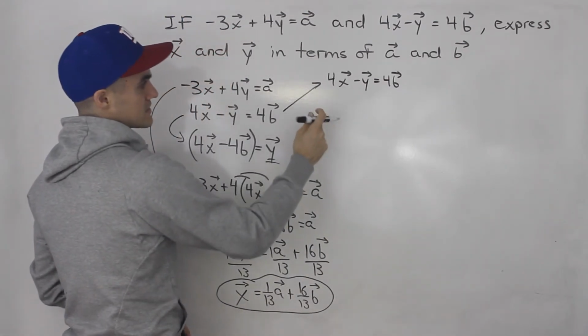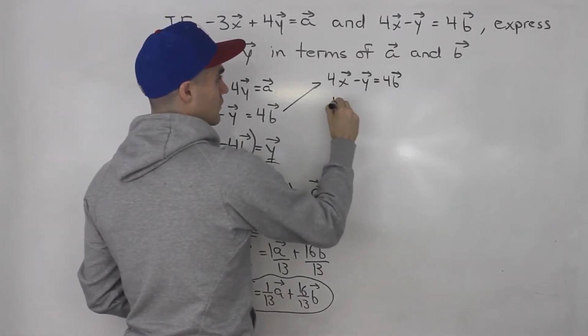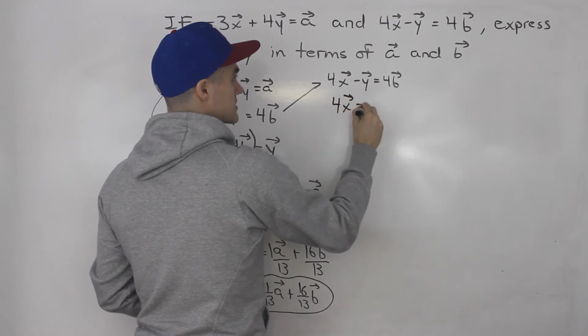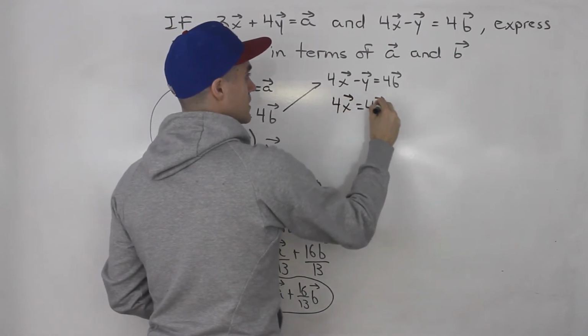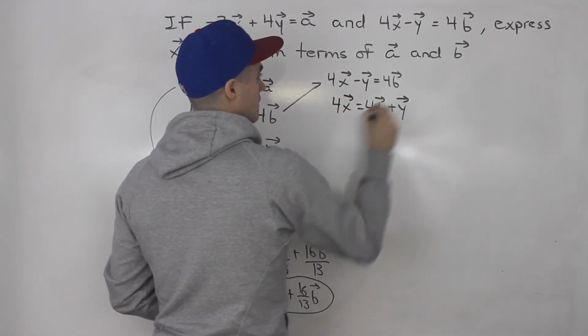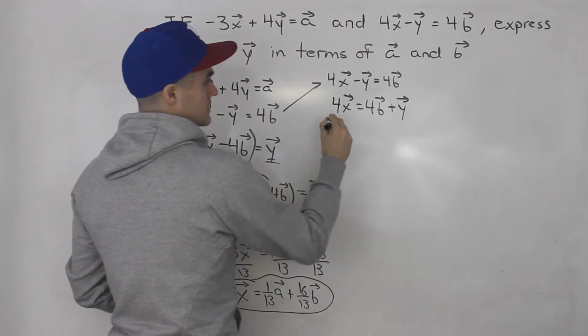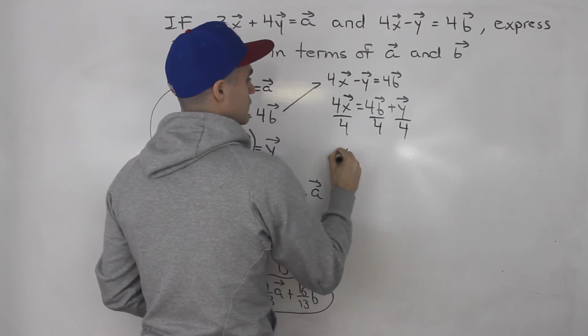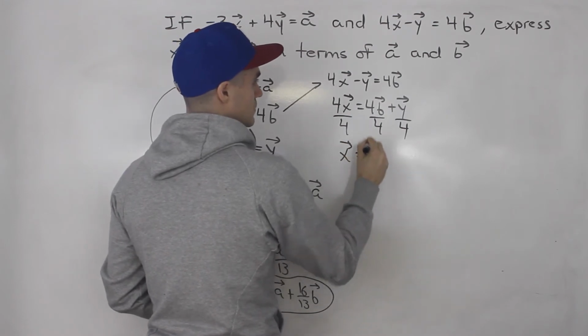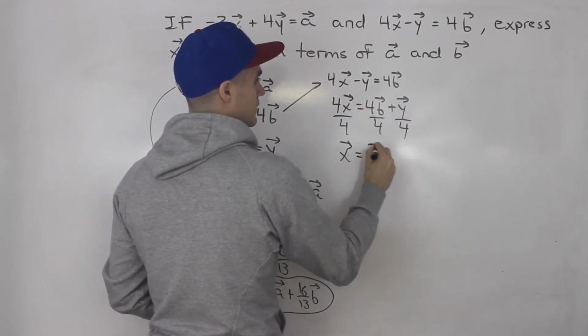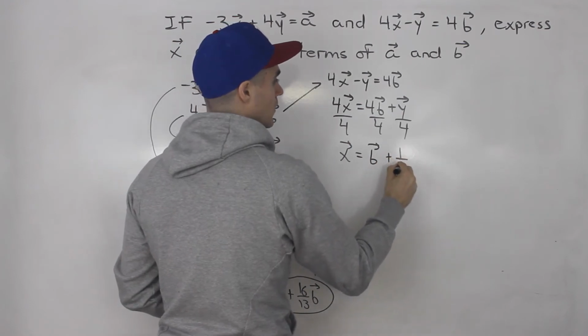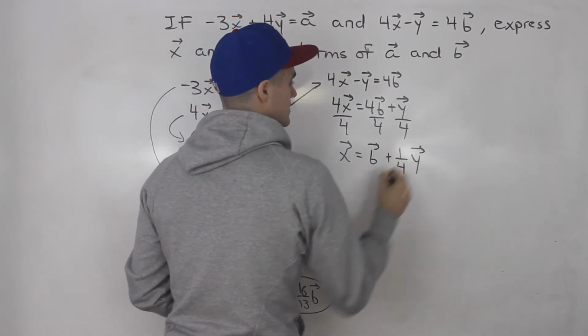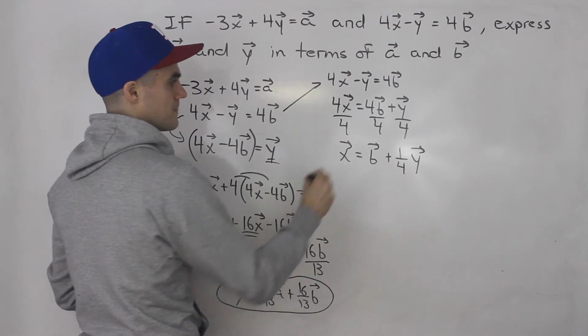And I'm going to isolate for this x here. So I'm going to bring this -y over. So I got 4 times vector x equals 4 times vector b plus vector y. Divide everything by 4. So vector x is equal to, the 4's cancel out here, vector b plus 1 over 4 times vector y.